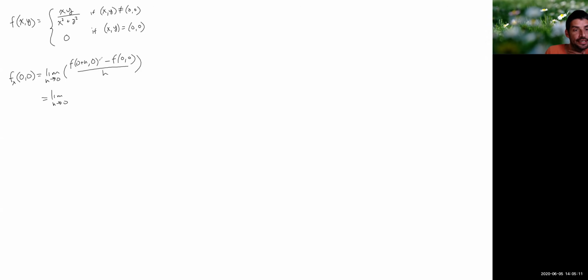Remember, this part of the definition, we use xy over x squared plus y squared, because h is non-zero, so we're not at the point 0, 0. I'm putting h in for x, and I end up with h times 0 over h squared plus 0 squared, minus f of 0, 0, which is just 0, all over h.